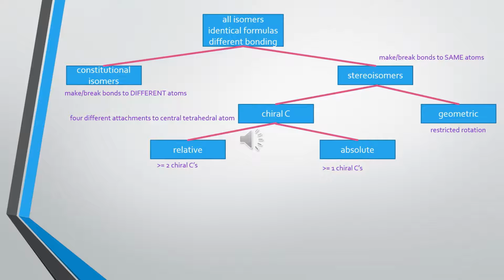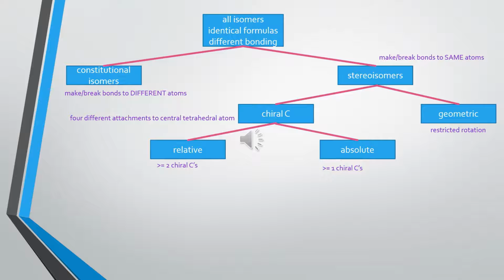But four different attachments, including a lone pair, when four different attachments are bonded to a central tetrahedral atom, that confers very special isomeric properties on that compound. And we call that phenomenon chirality.